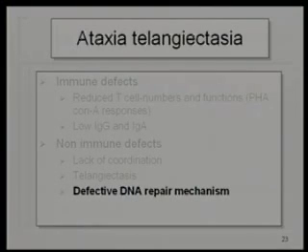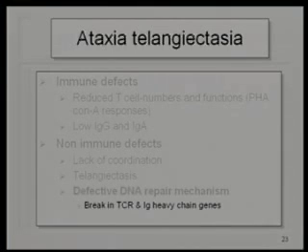And there is a defect in the repair mechanism, so perhaps, that's my speculation, when they are rearranging the genes, they cannot properly ligate them back again. Okay, break in TCR and Ig heavy chain genes, okay? But that's the molecular basis for the defect in ataxia telangiectasia.